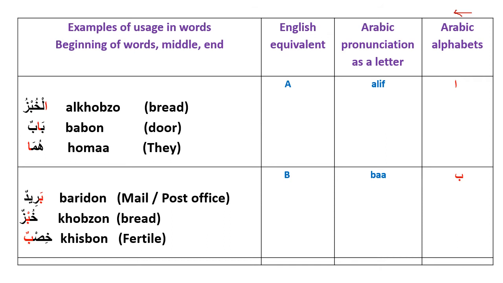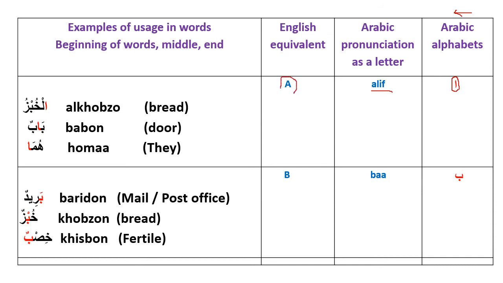So the first letter is Alif. This is Alif. It's pronounced Alif. When you are going to refer to this letter, say Alif as a letter in isolation. Fine. What is the sound which is equivalent for it in English?